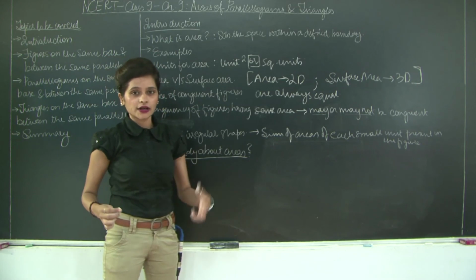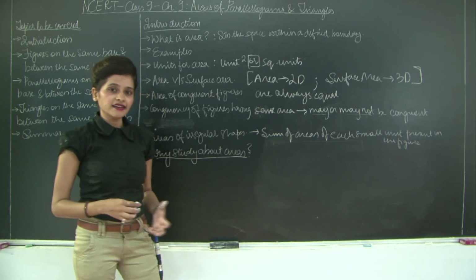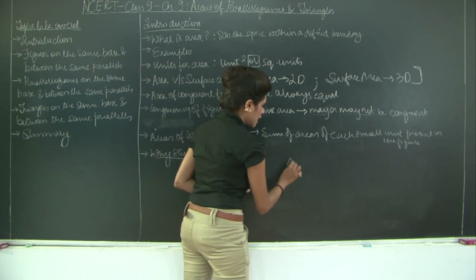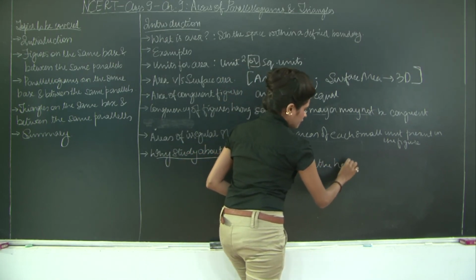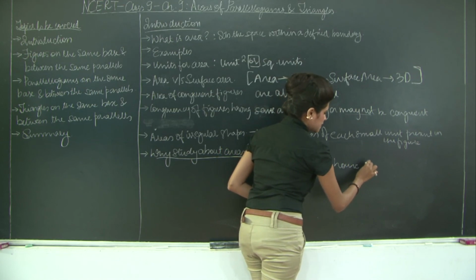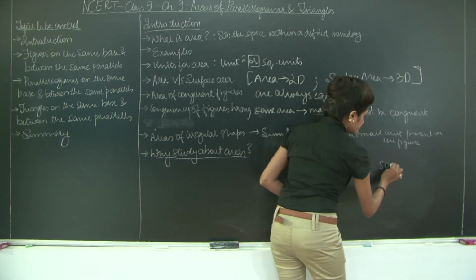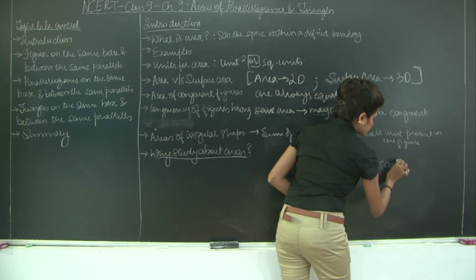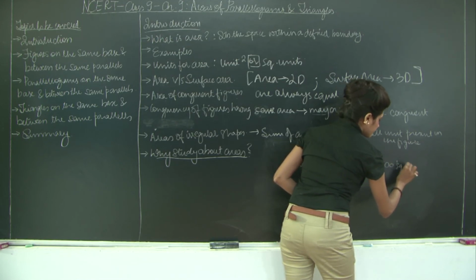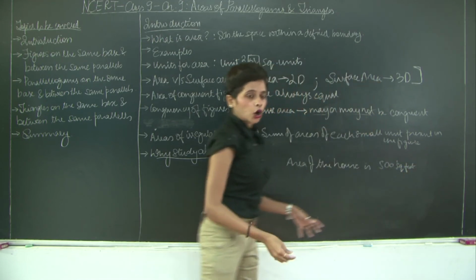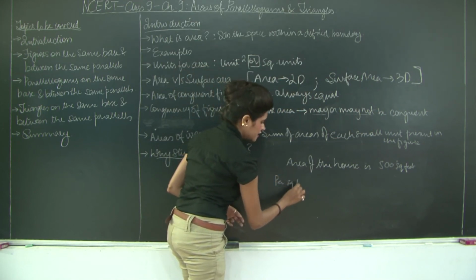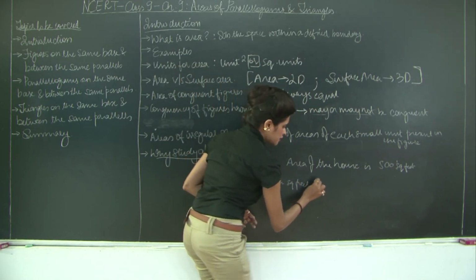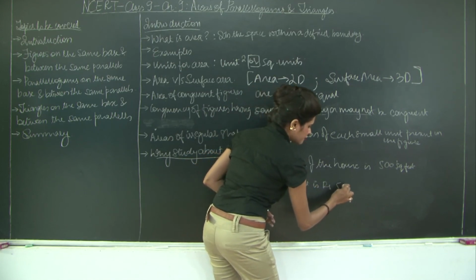So you can calculate the area of the house, and let's say the area of the house is 500 square feet and the cost per square feet is rupees 5,000.